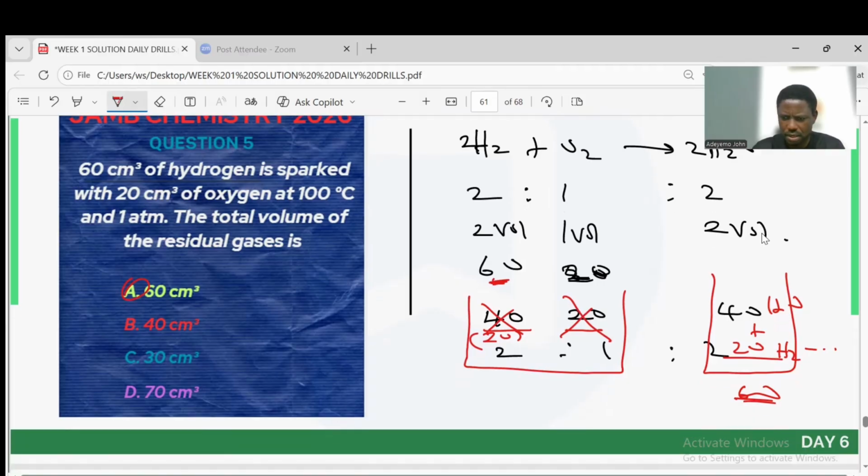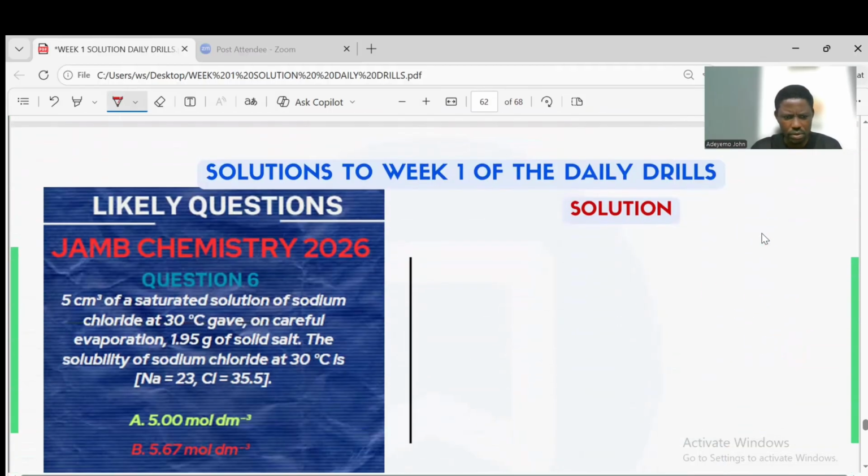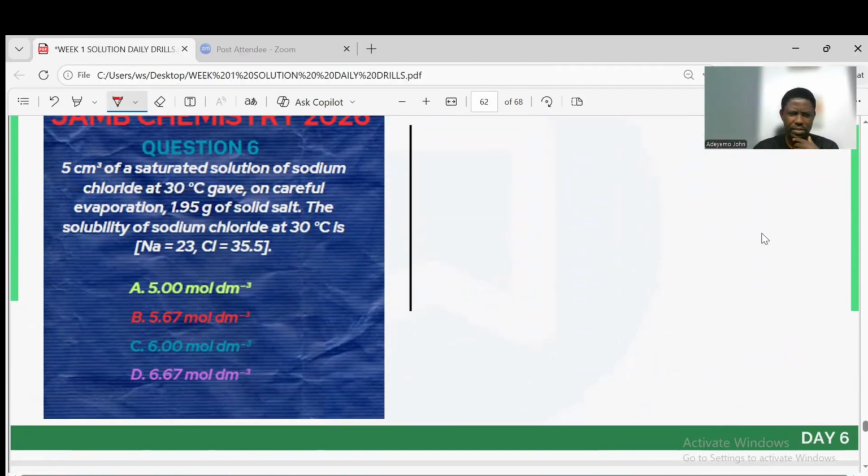You can start marking yourself and see what you have got. So 5 cm cube of saturated solution of sodium chloride at that. So what do we do? That is solubility. I can give you this formula so easily because this is not the main class for teaching.